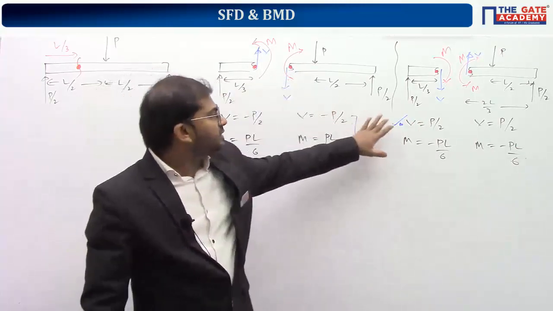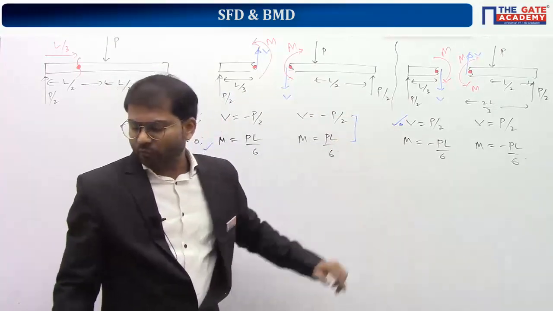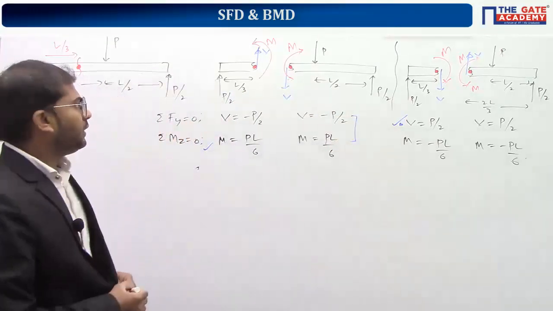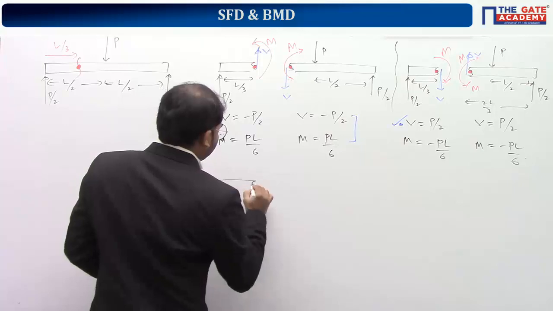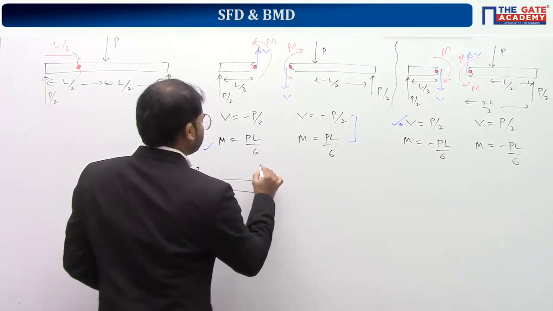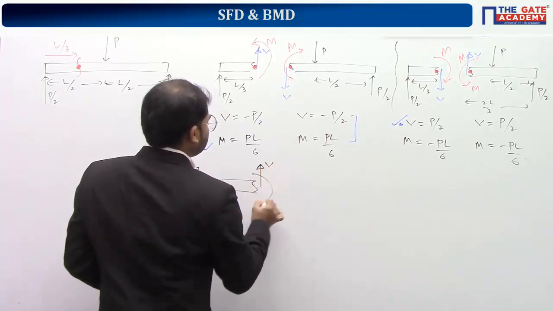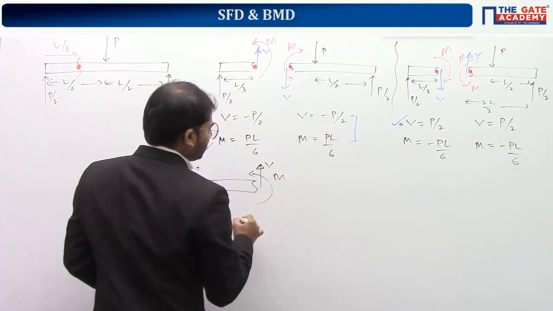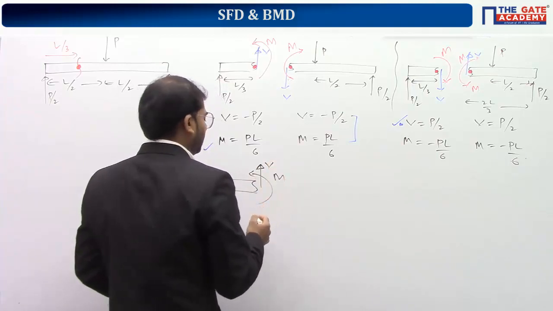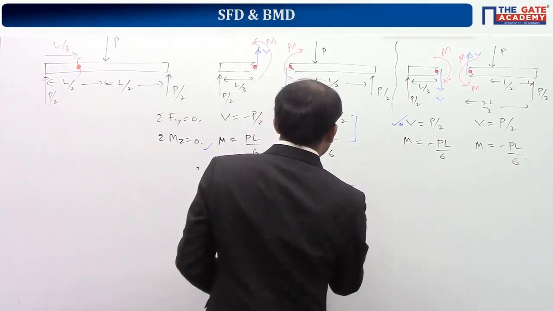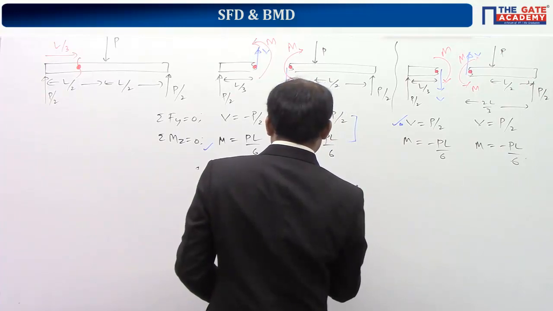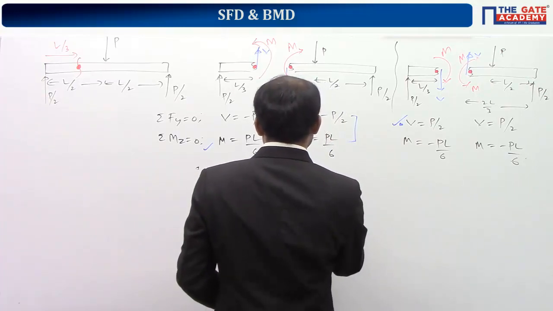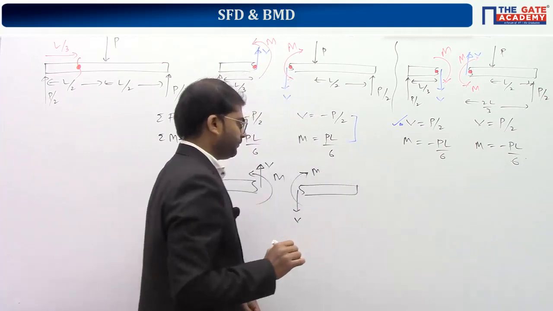What I would like to convey is, most of the people around the globe are following the convention. So V should be upside and M should be anti-clockwise if you take the left side part, and V should be downside and M should be clockwise if you take the right side part.